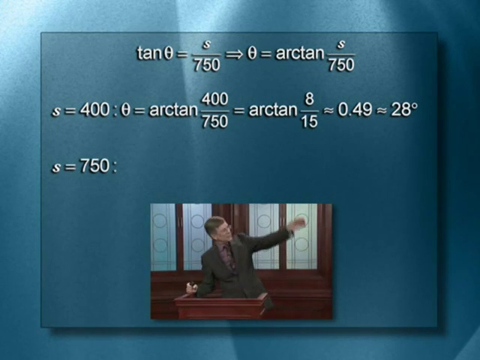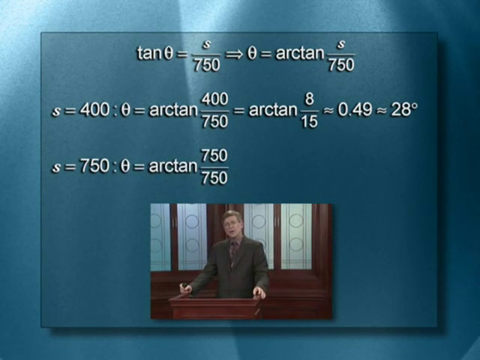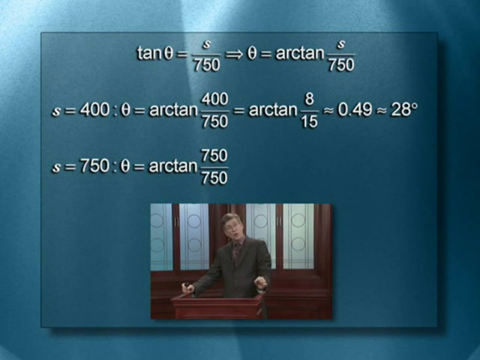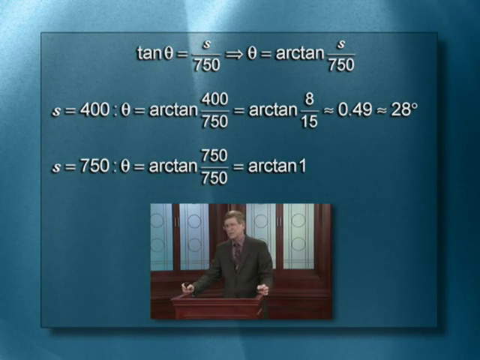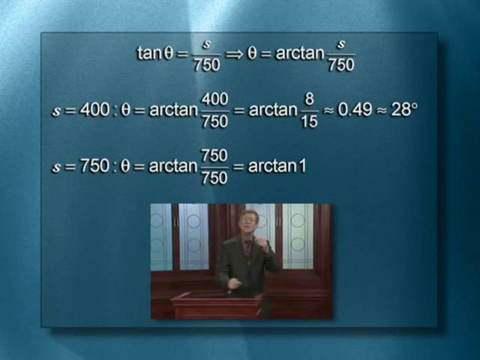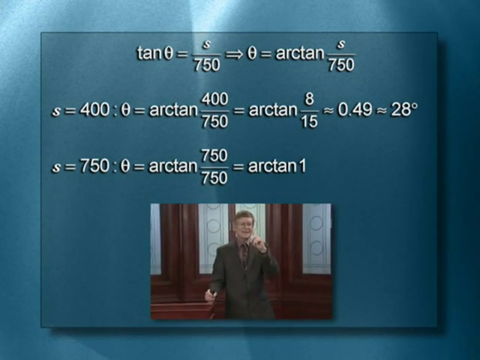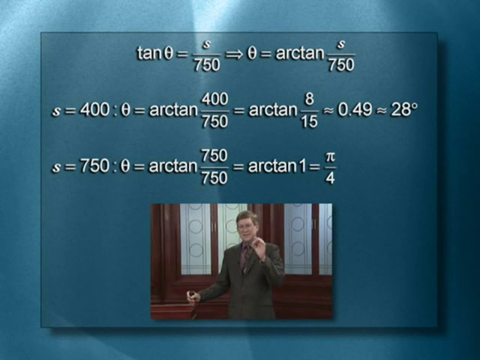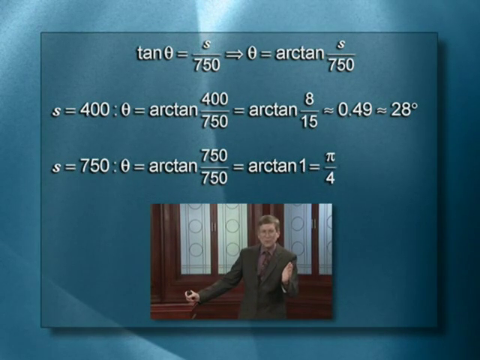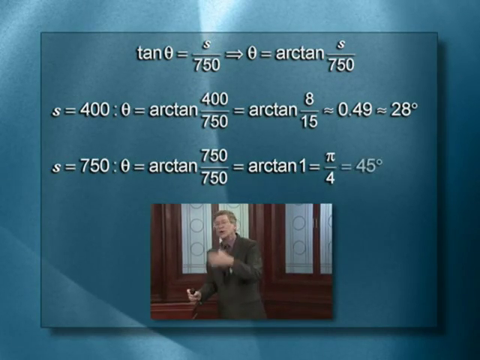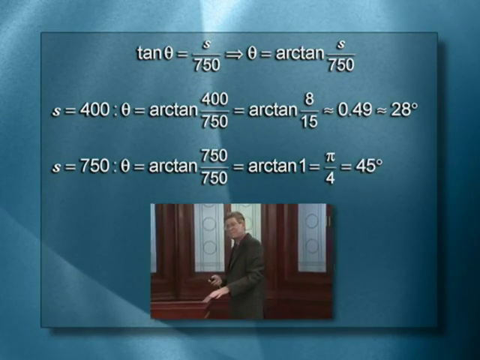When S is 750 meters, then arctangent of 750 over 750, oh, that's kind of nice. That's arctangent of 1. That's an easy one, isn't it? Tangent of pi over 4 is 1, so arctangent of 1 is pi over 4, or 45 degrees.